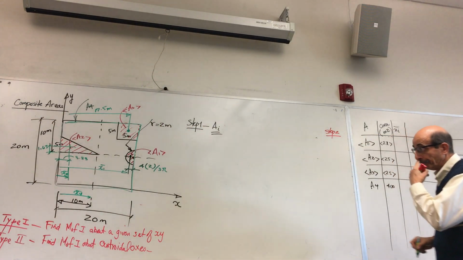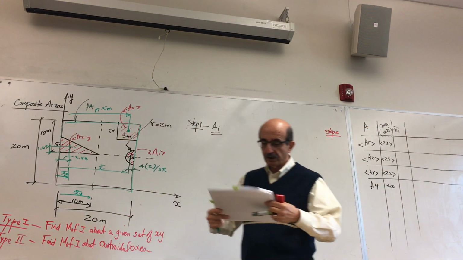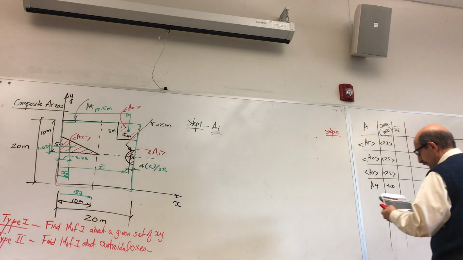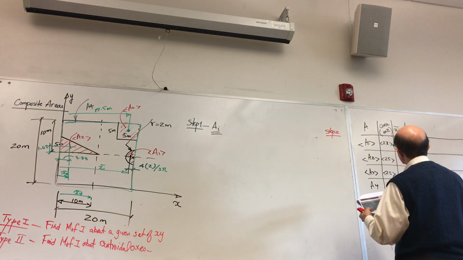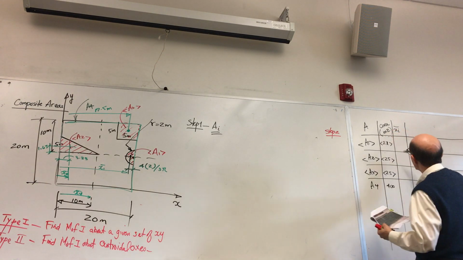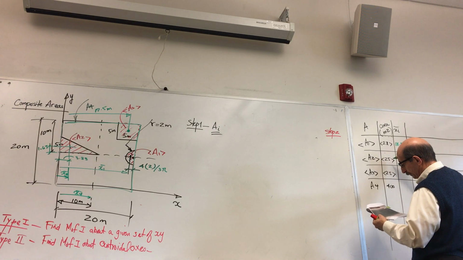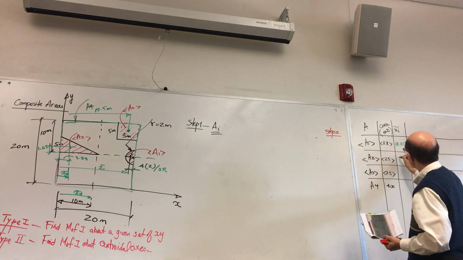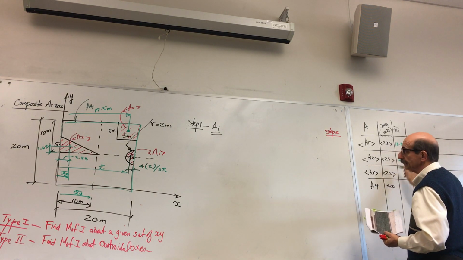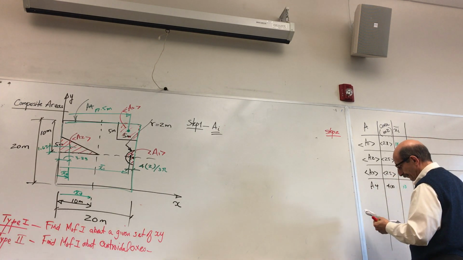For x1, I have calculated that, so I'm just going to quickly write it down. That would be 18.85. For the other guy it is 3.33. Then I had 17.5, and then 10.